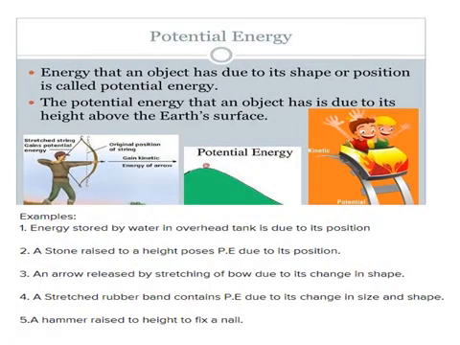Now, this slide also gives you information about potential energy. Energy that an object has due to its shape or position is called potential energy. The potential energy that an object has is due to its height above the Earth's surface. Now here you can see three examples given as pictures.